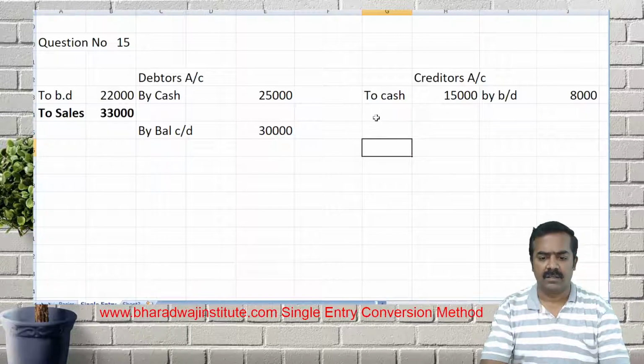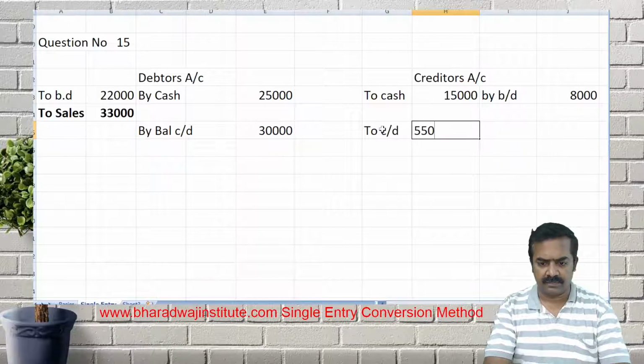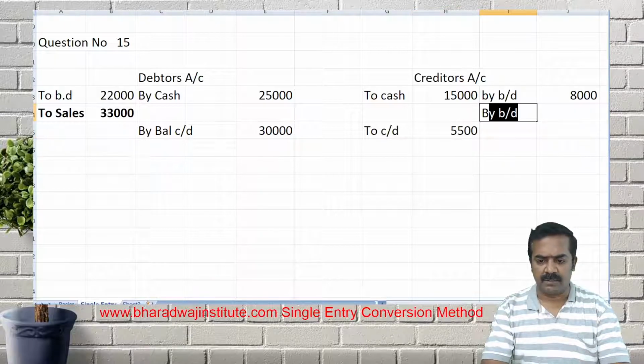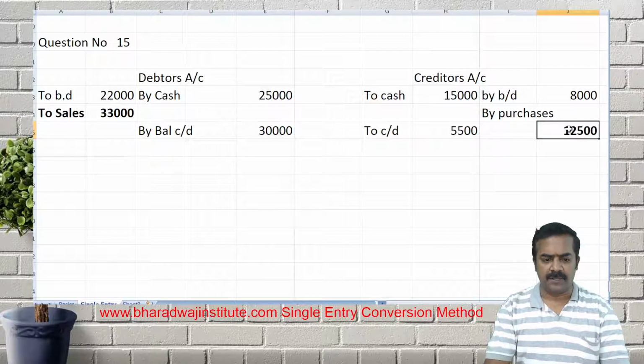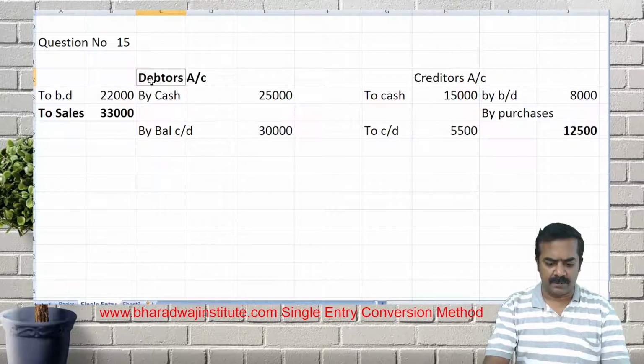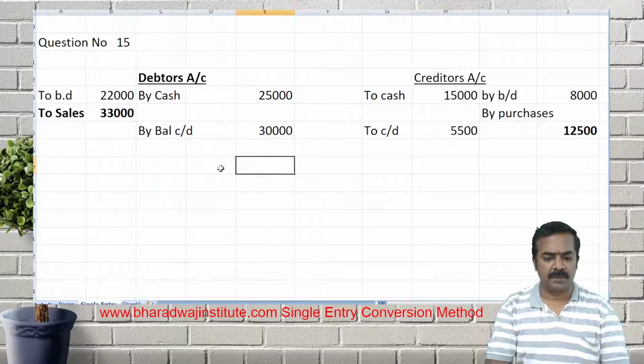No, sir. No other thing. To balance carried down, 1,500. Balancing for us is purchases. 12,500 is purchases. Sales and purchases we worked out through the debtors account and which account? Creditors account.